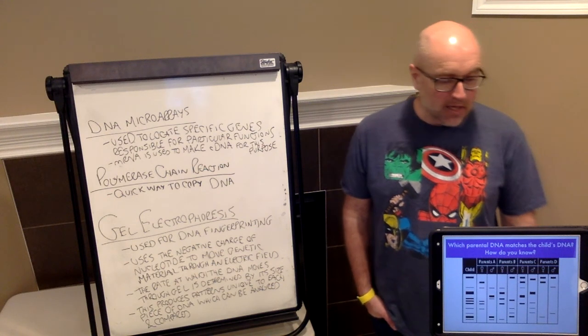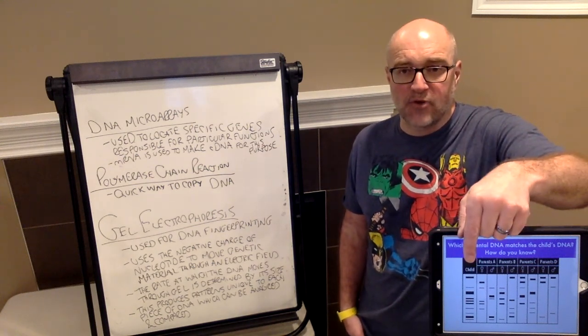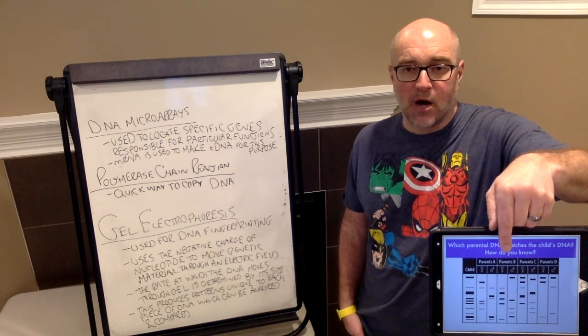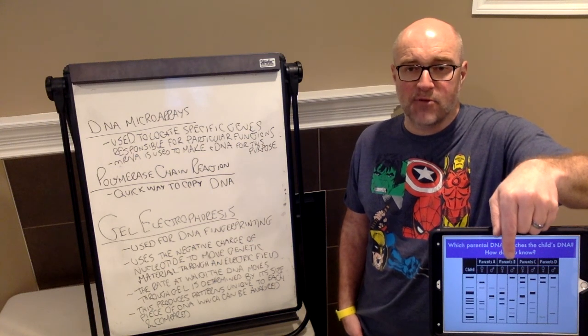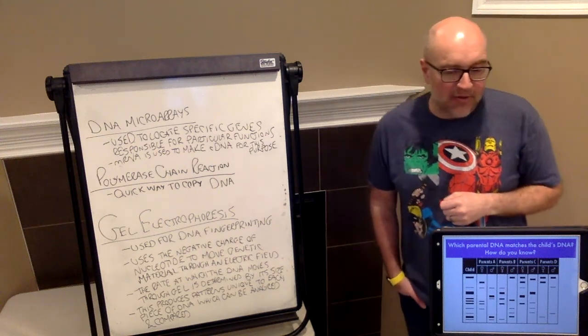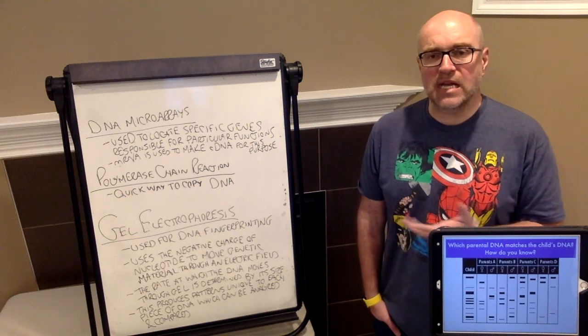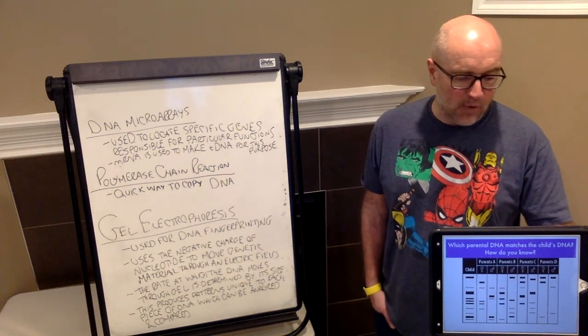The only parents that have all the genetic markers of this child between the mother and the father are parents B. Take a look at parents B and see why they're the parents of the offspring rather than parents C, D, or A. That's how a DNA fingerprint works.